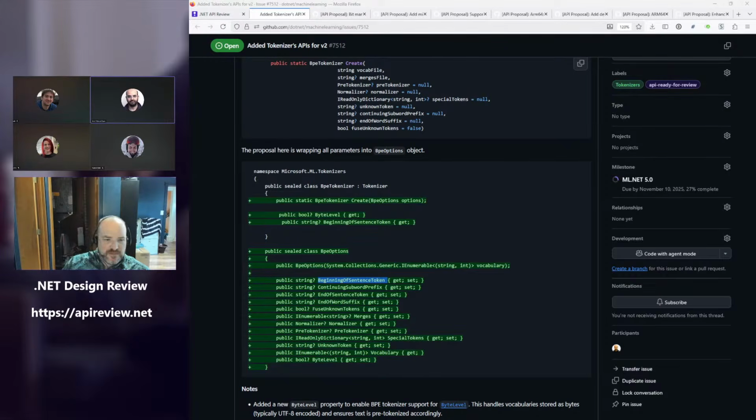The second one is the byte level, which we are adding here, and this is actually telling the tokenizer that it has to treat the vocabularies, the BPE vocabularies, as bytes instead of characters. Mostly it's encoded in UTF-8.